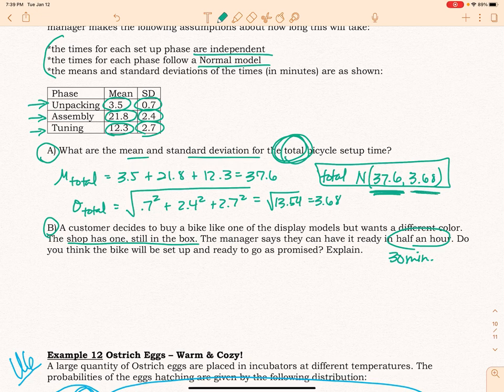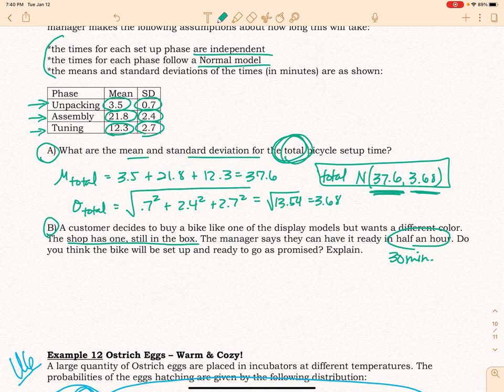So there's a very high likelihood that it could take as little as 33.9 minutes, but it could take as much as 41.3 minutes, because you're looking at below mean and above mean. You can explain it in terms of that if you would like to.